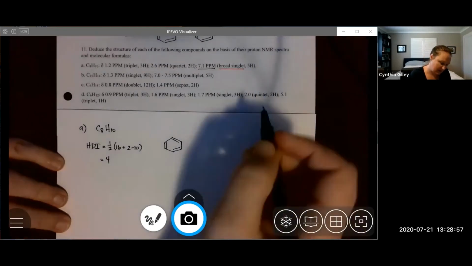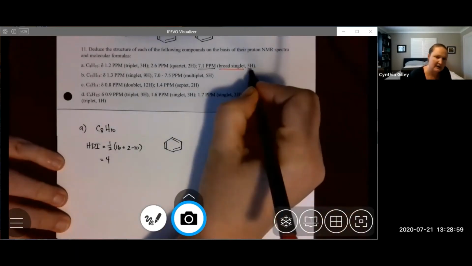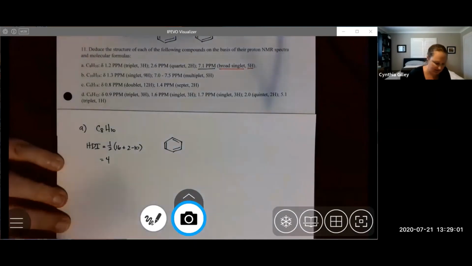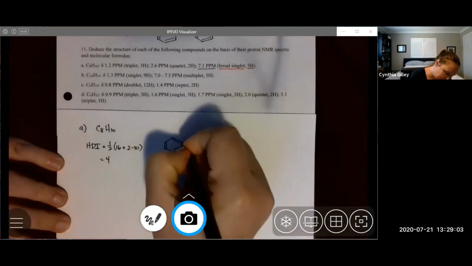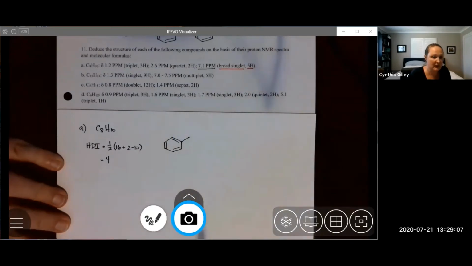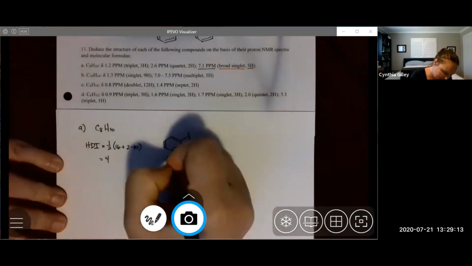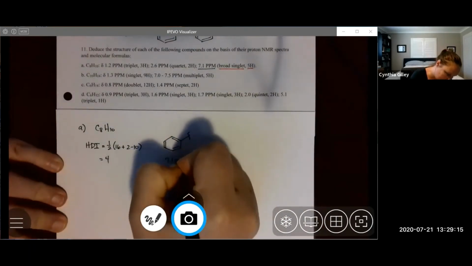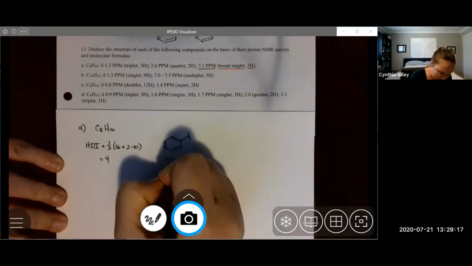And I'm thinking that it only has 1 substituent because it integrates for 5 hydrogens. So that means that it should have 5 hydrogens total. So I'm putting that fragment here for the 7.1 ppm broad singlet.